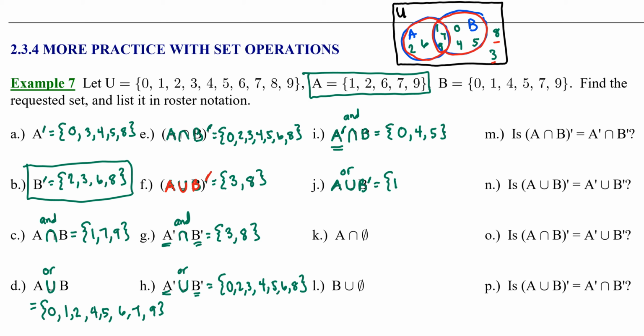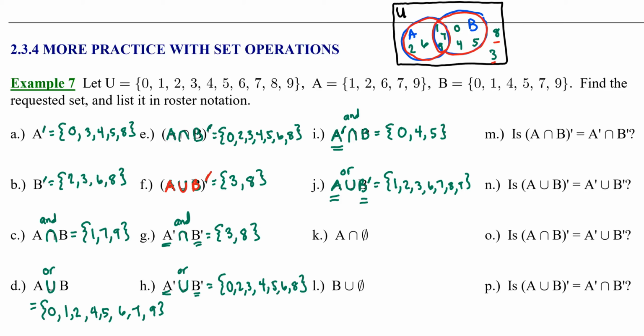So that's 1, 2, 3, 6, 7, 8, and 9. My strategy here is to look at the set on the left and the set on the right, and then use the operation as the signal for how I combine those. In one example, we found out what the two sets had in common. In this example, we just united the two sets.